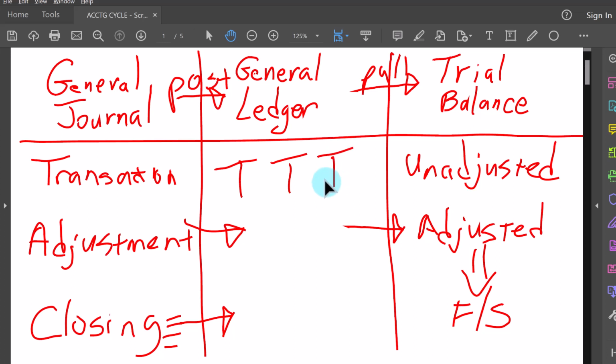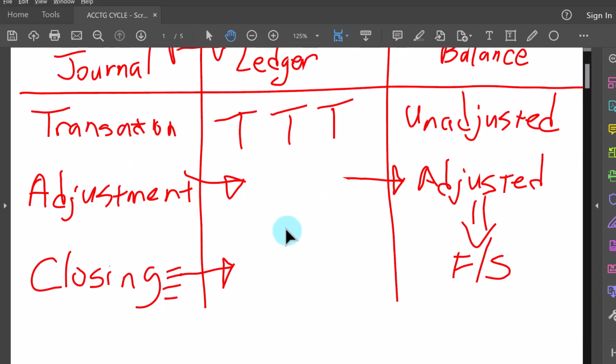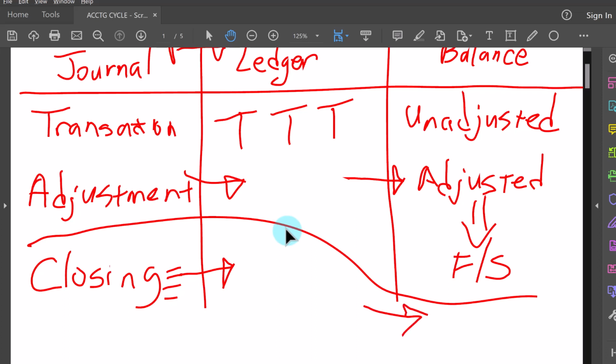But because you have new balances here in the general ledger, what we're going to do is pull one more trial balance, this time called post-closing trial balance, because we've already journalized and posted the closing entries.